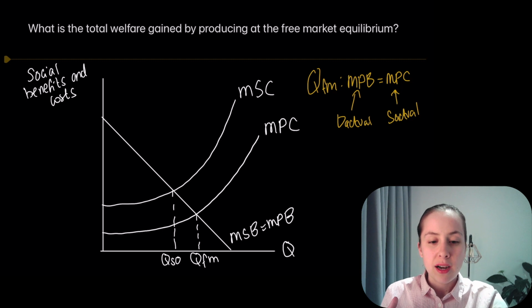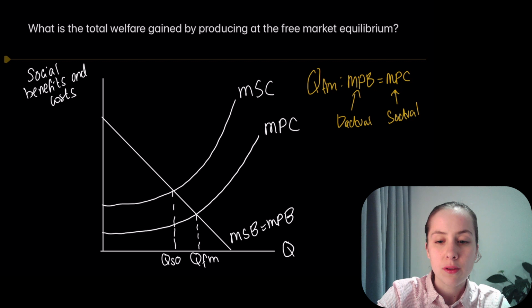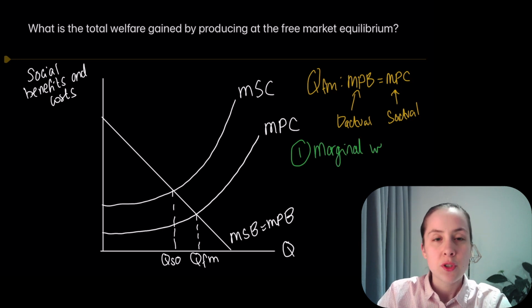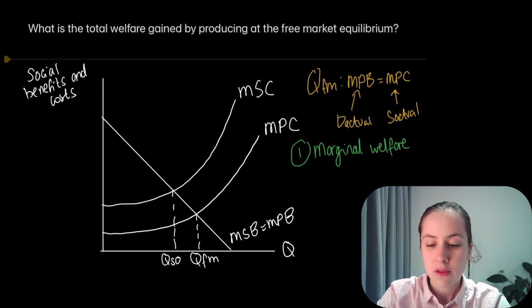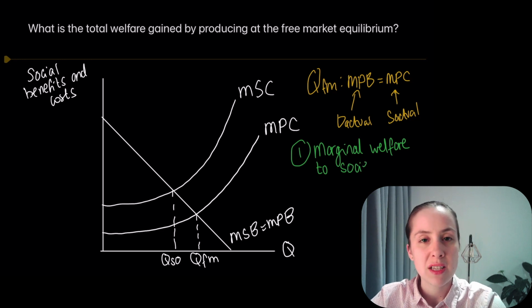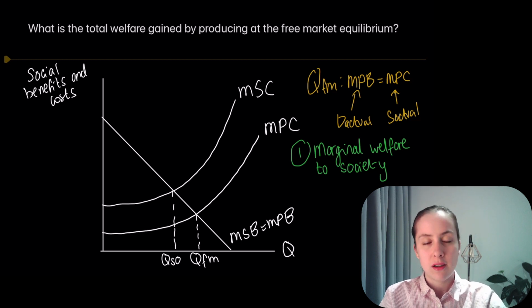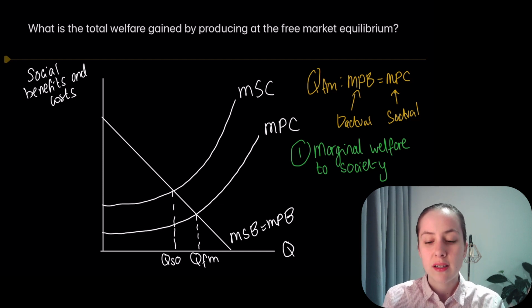So how can we work out the welfare gained? One approach is to work out what I call the marginal welfare to society. This is all to the society welfare. That's what it means by welfare gained. So to work out the marginal welfare to society, we want to look at what have been the benefits that society has faced and what have been the costs that society has faced.